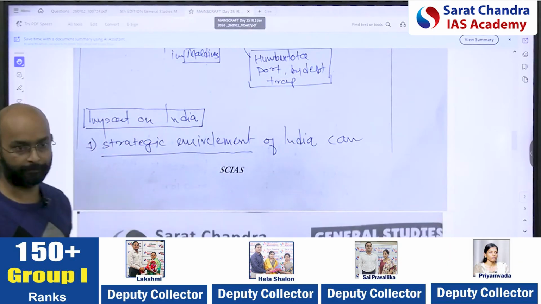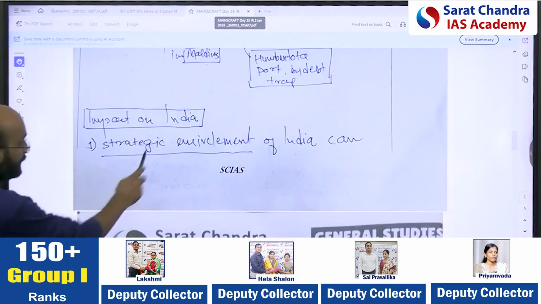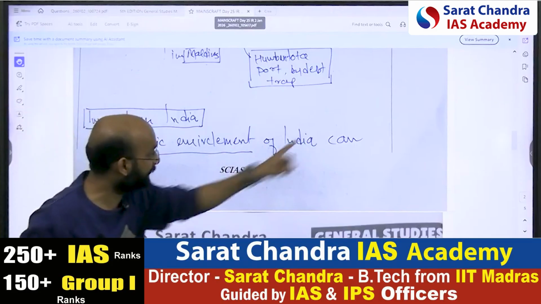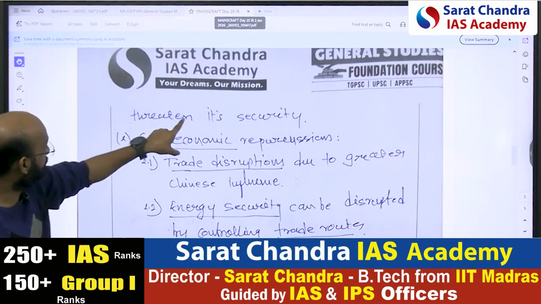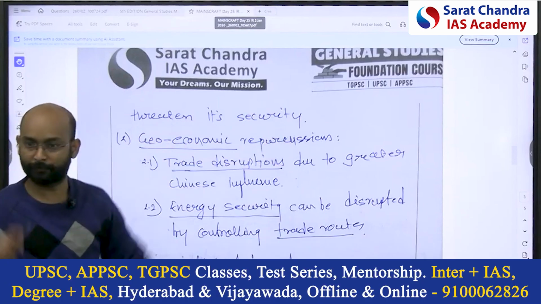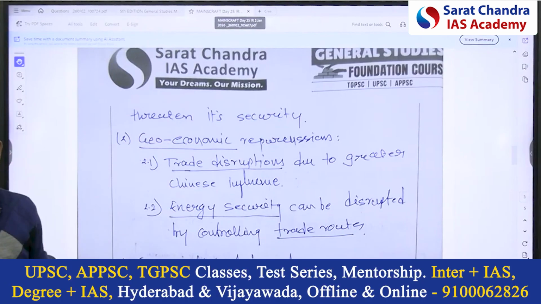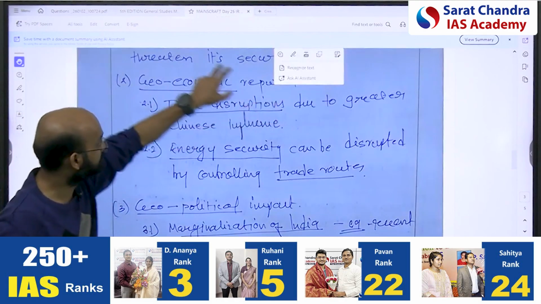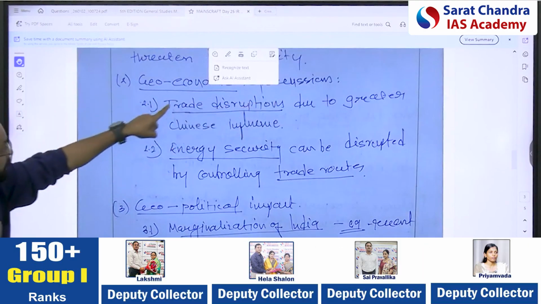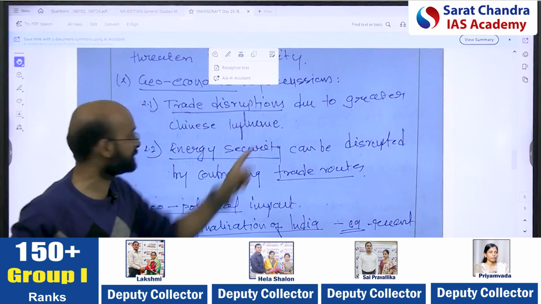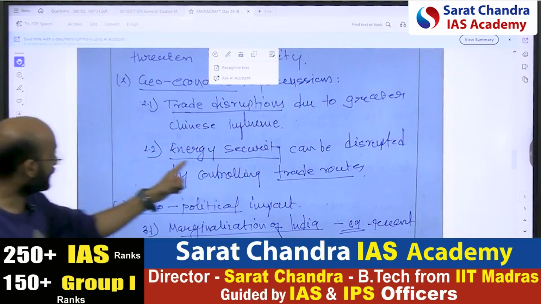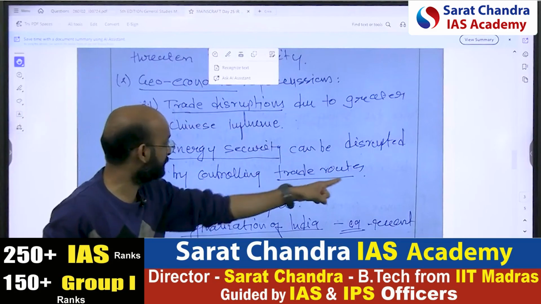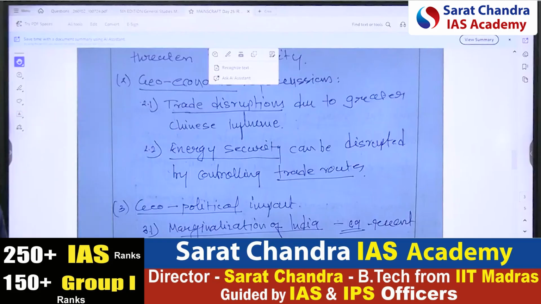Now impact on India. What can be the impact on India? Strategic encirclement of India can threaten its security. The first point is the geostrategic dimension. Second, see the geo-economic repercussions: trade disruption due to greater Chinese influence, and energy security can be disrupted by controlling the trade routes.